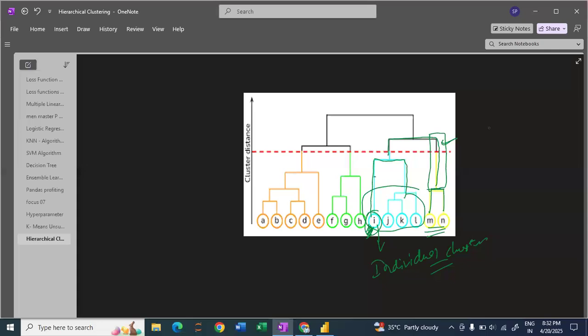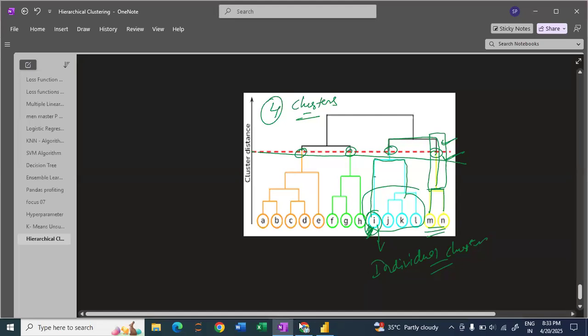So that's why we are taking the yellow line, this one. See, when we cut horizontally, how many data points? One, two, three, and four. So total four clusters we have. Agree? Or any suggestions? I agree.